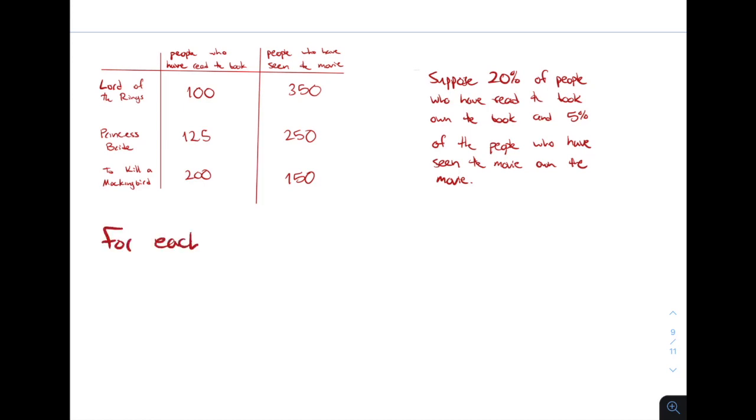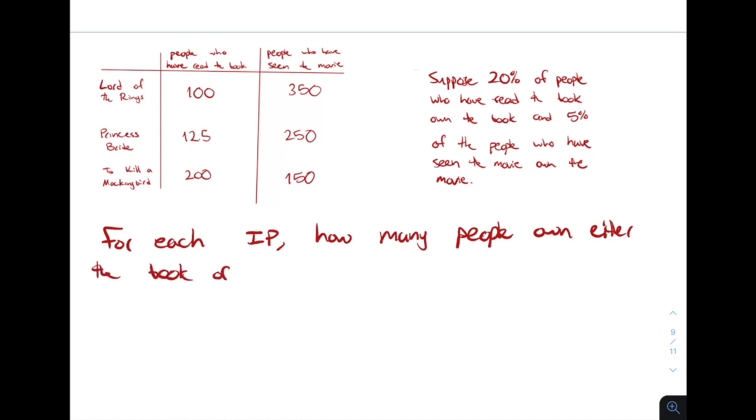If you were asked for each intellectual property, how many people own either the book or movie?